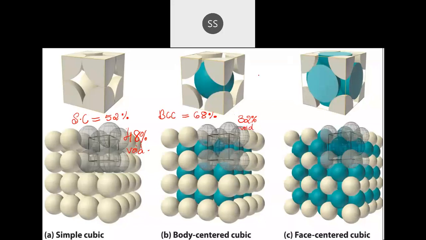FCC, HCP and CCP all have the same packing efficiency, which comes out as 74%. So around 26% of the space is going as void.